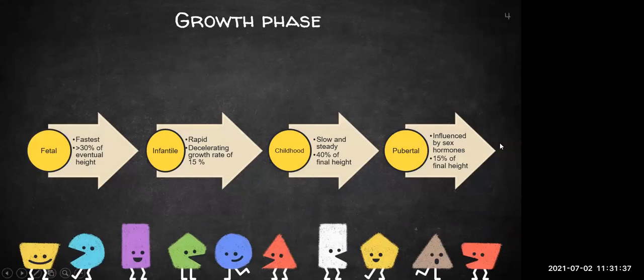So if you look at this, the most important period of growth is actually during infantile and also fetal. So what are the factors contributing to the growth during this period?